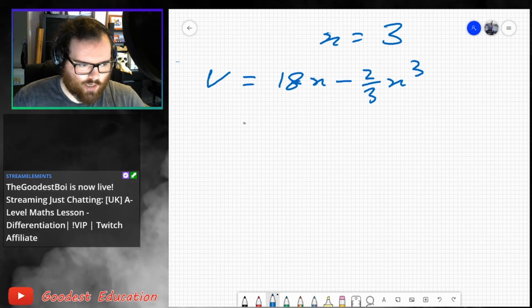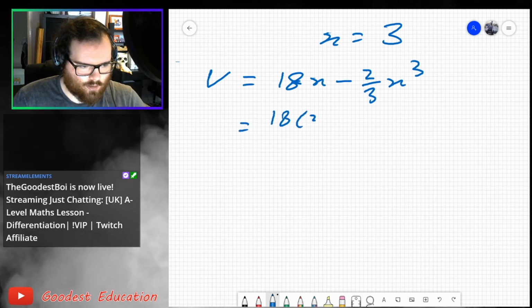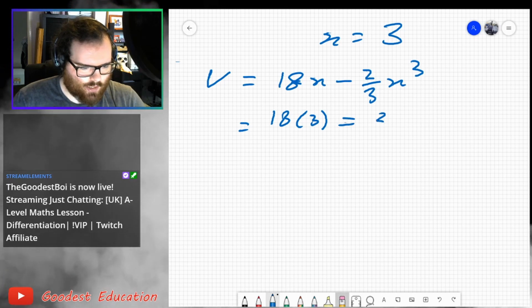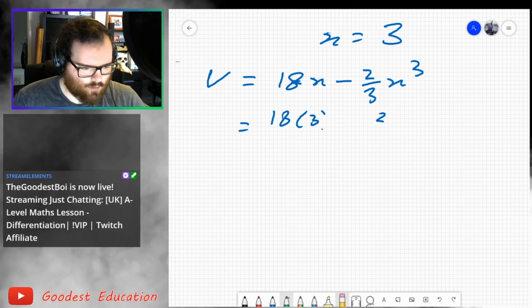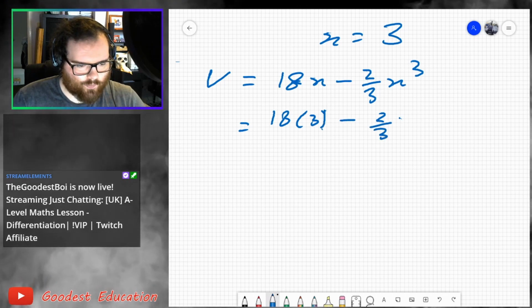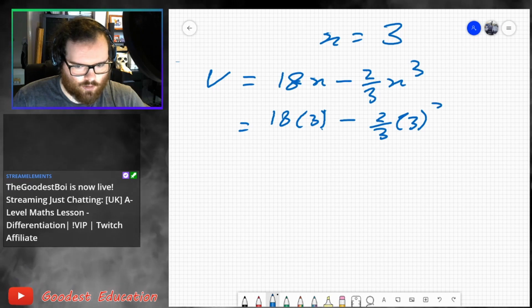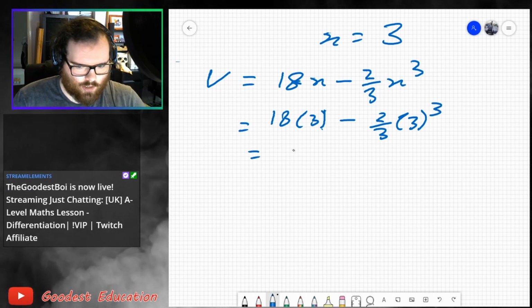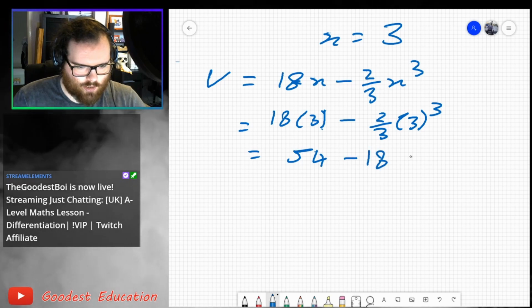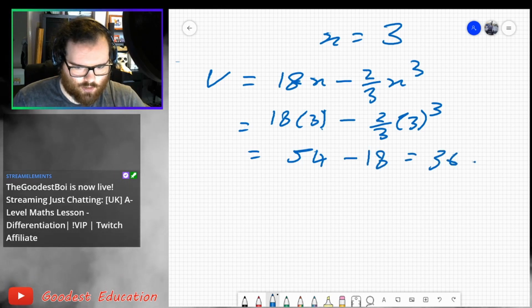So we want to put 3 into that. So we're going to have 18 times 3, minus 2 over 3 times 3 cubed, which is equal to 54 minus 18, which is 36.